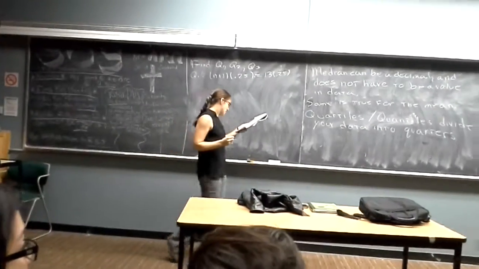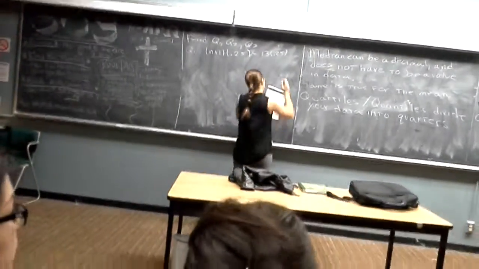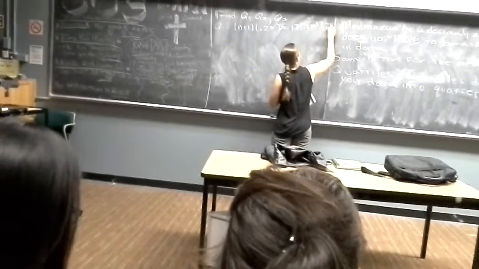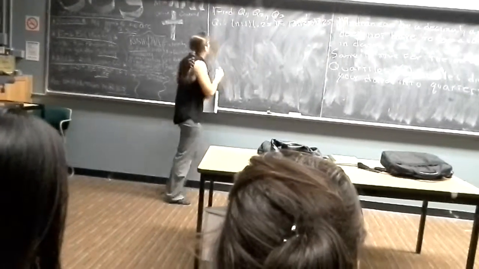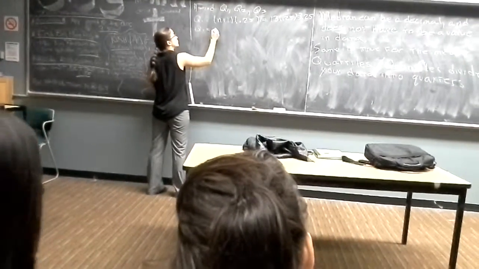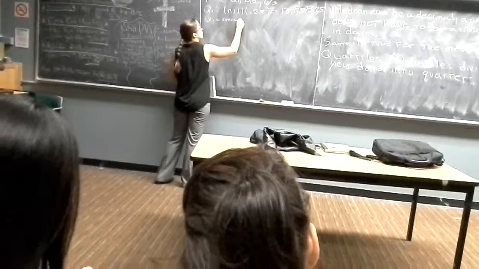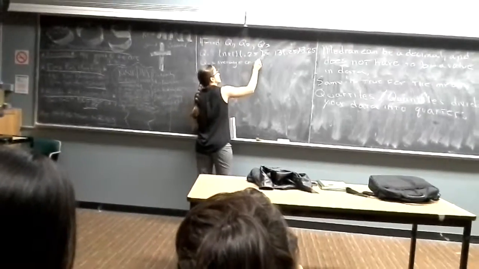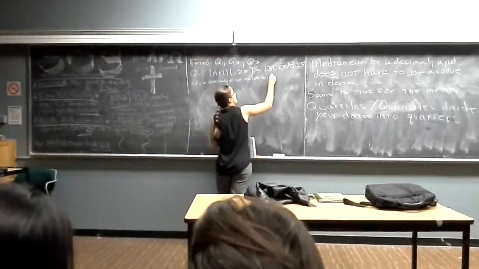It's going to be 3.25. So Q1 is equal to the average of values, since this is not a whole number, in third and fourth.